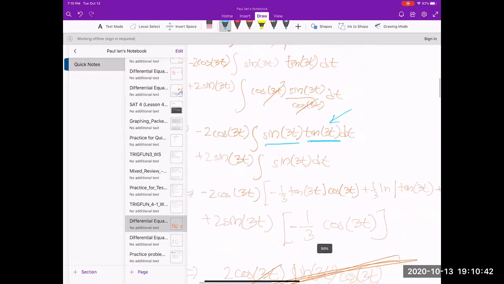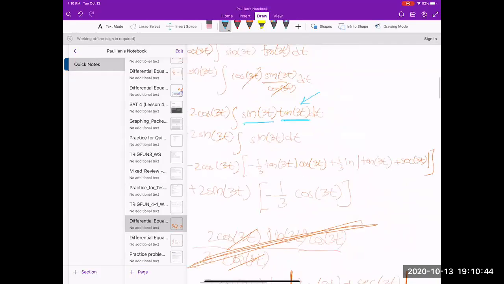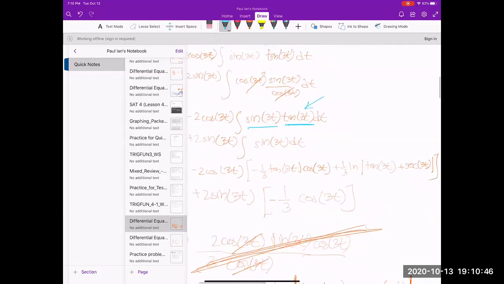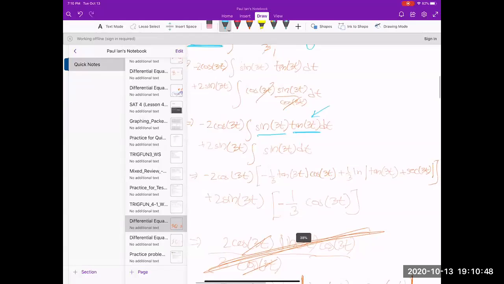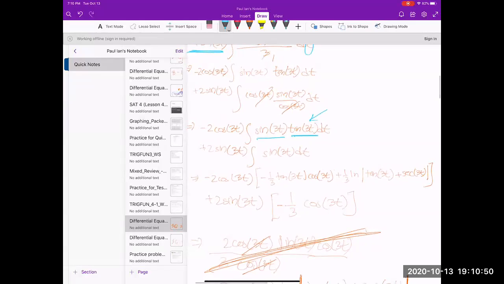In terms of what I did here, I pretty much just plugged it into the calculator. For the sine and the tan, what would exactly be your u or your dv? For this one, let's see what I did. It looks like you could choose either one to be the u or either one to be the dv.